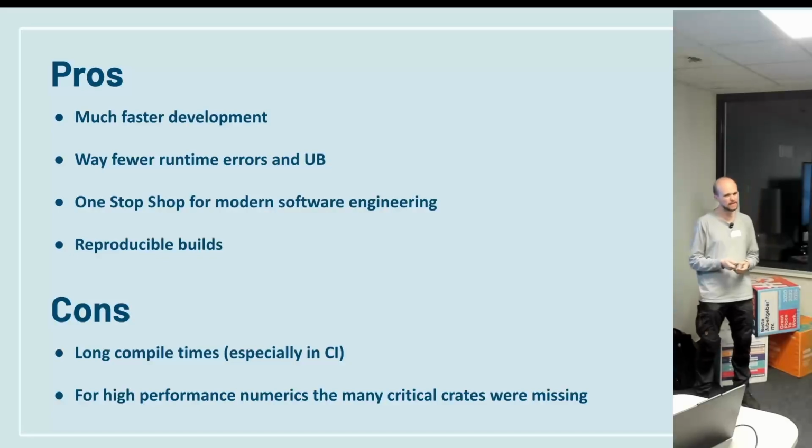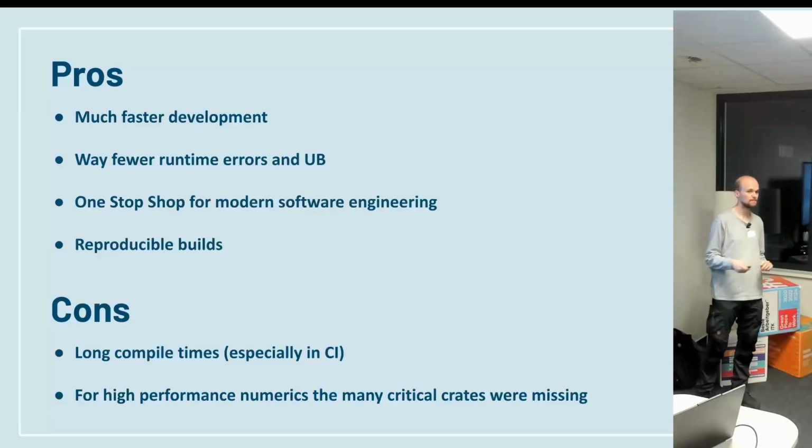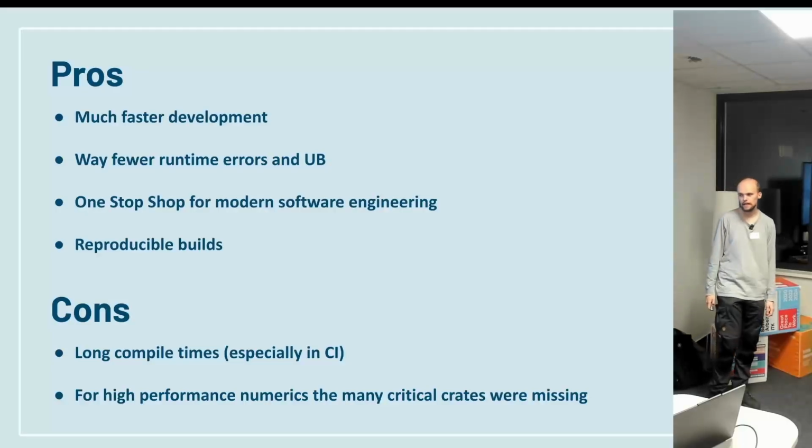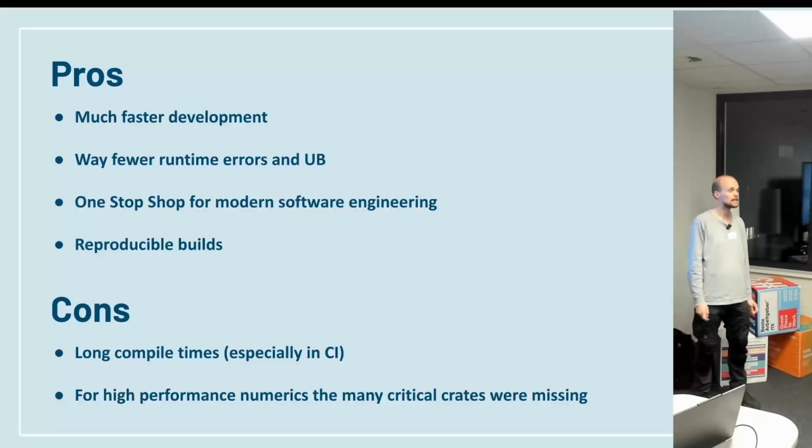So compile time is not that great, but as we have seen before, an ancient C++ program dominates our compile time anyway, so not that much of a deal. And we were missing some crates that we would like to have, didn't have, and ended up writing ourselves. So since we made part of that open source, your pain, if you want to follow us, is at least limited a bit.